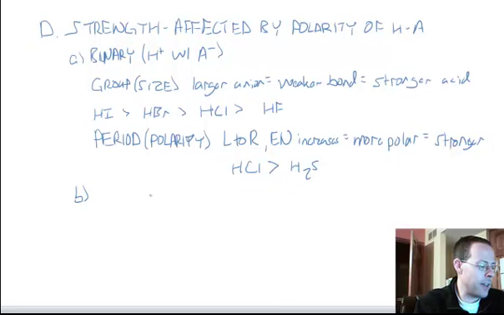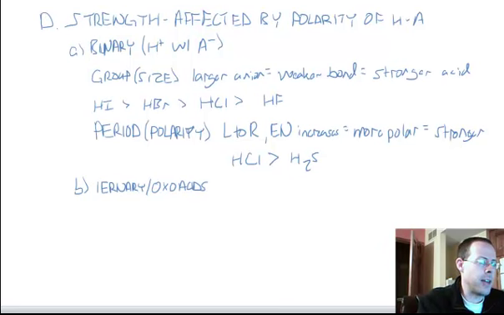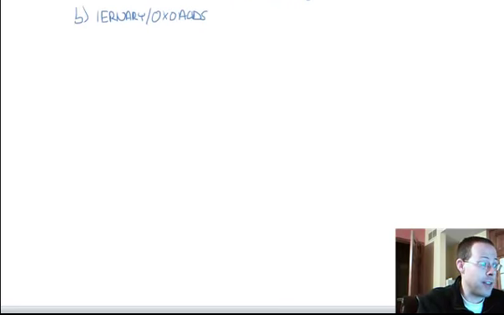The next thing we're going to look at is ternary acids. So things with more than one element, or something other than just hydrogen plus one other thing. And these always fall in the category of oxo acids. So they're acids with oxygen in them. So nitric acid, sulfuric acid, nitrous acid. But they always have oxygen.